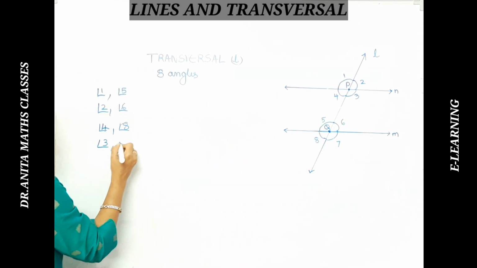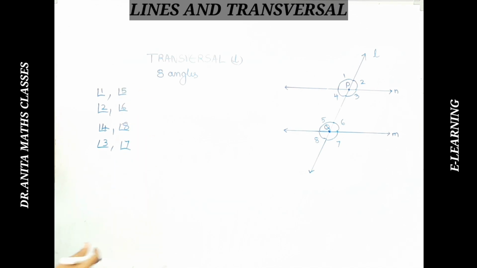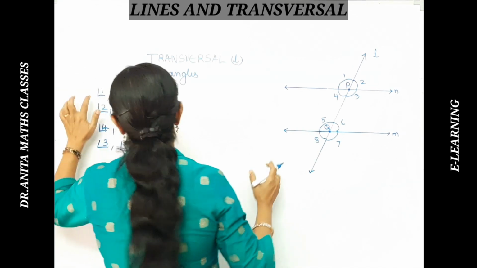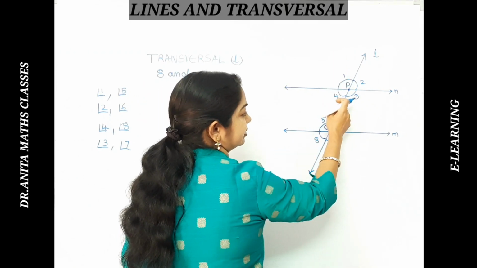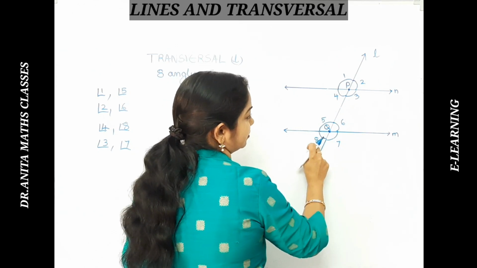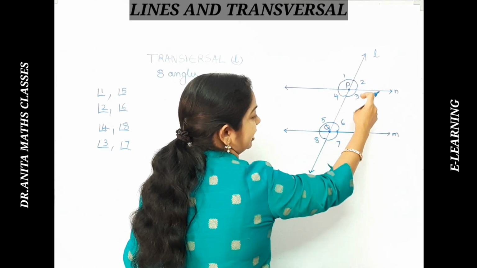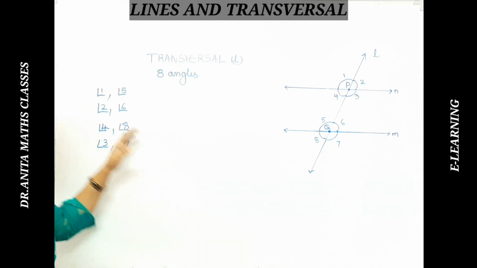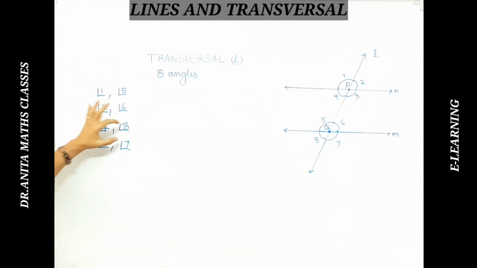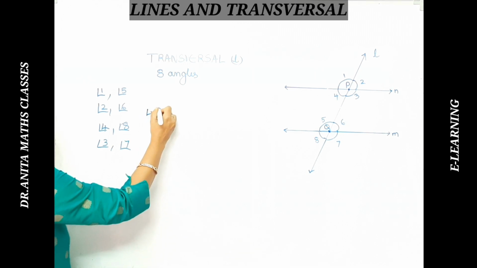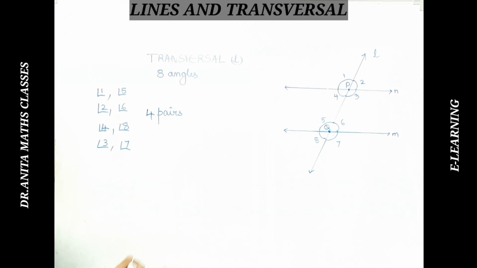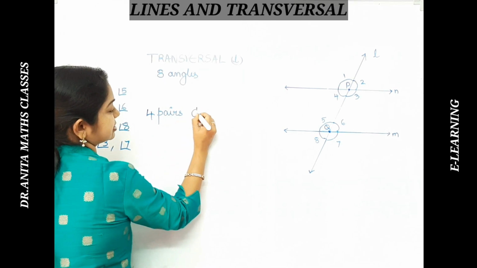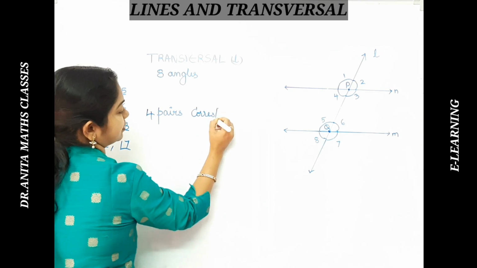There is a specific pattern here. In the first case I have taken the outer angle and the inside one, and here the inside one and the outside one. These are 4 pairs. These 4 pairs of angles are called corresponding angles.